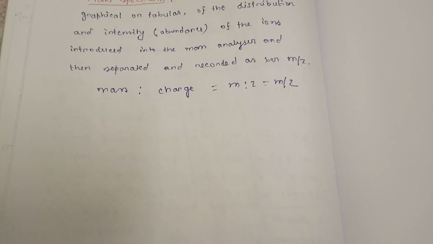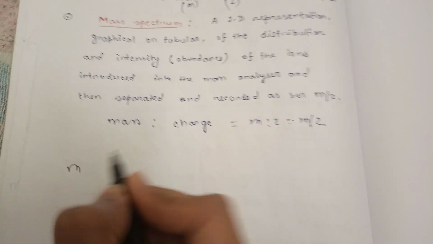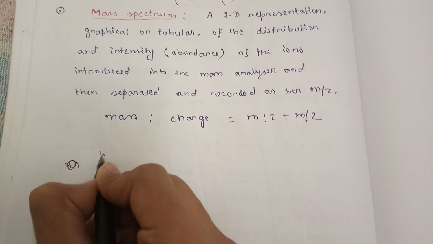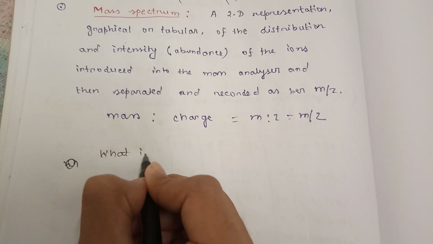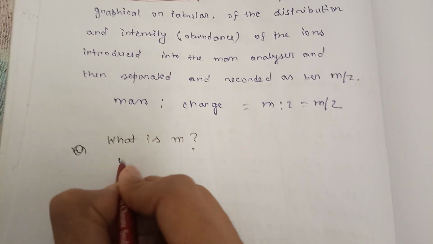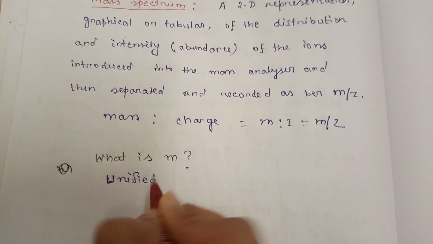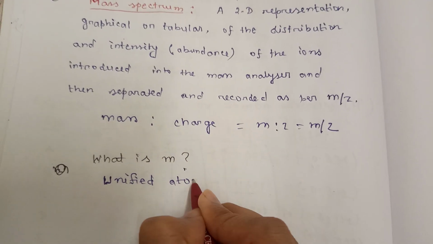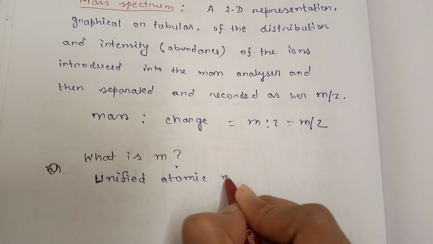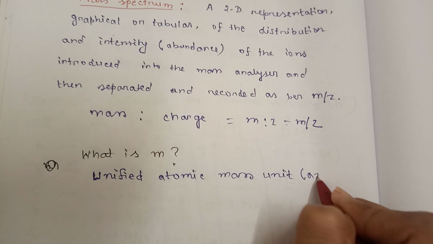So what is m in m by z? It is the unified atomic mass unit, or in short AMU.